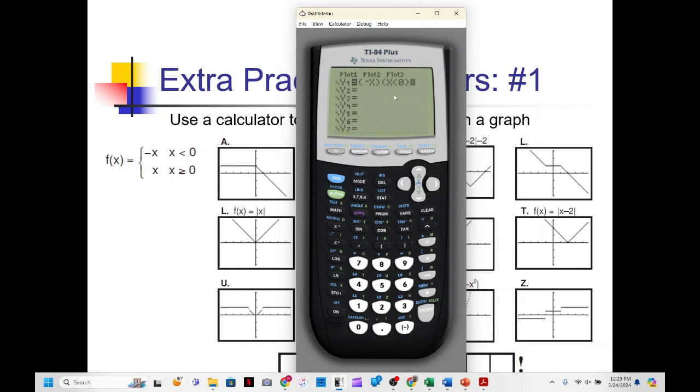Now what this does is this inequality piece here, it either comes out true or false, depending on what the x value is. If it comes out true for x values less than 0, this parentheses is going to just give us back a 1, which is going to get multiplied by this piece here, and you're going to get whatever you would get if you plugged x into negative x.